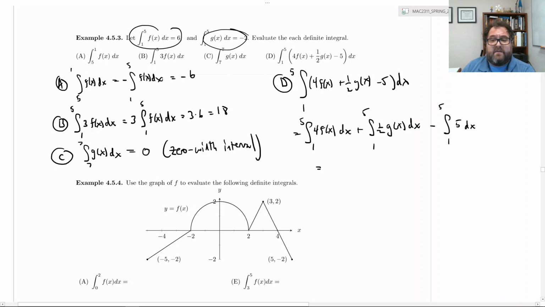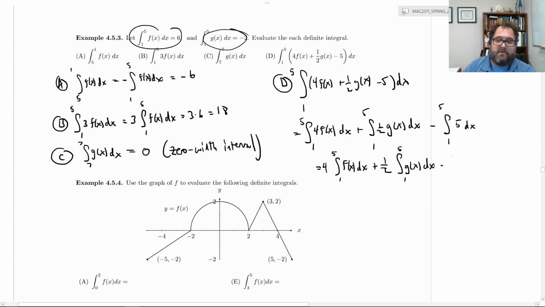So I need to factor out a 4 out of this first one. 4 times the integral from 1 to 5 of f of x dx plus factor out a 1/2, it's a constant. So 1/2 times the definite integral from 1 to 5 of g of x dx. And now this last one, I don't have anything to help me there except that, oh, it's a constant function.